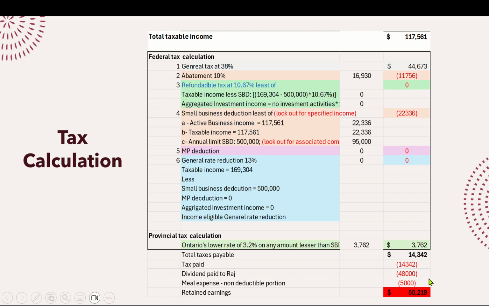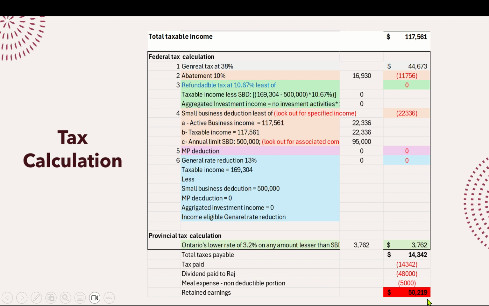And the company also paid a dividend to Raj of $48,000. And the meal, remember, it had $10,000 meal expenses. $5,000 is not claimable, so we had to subtract that.